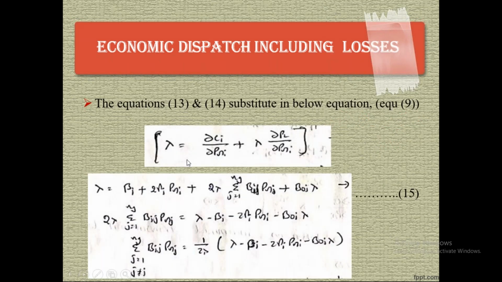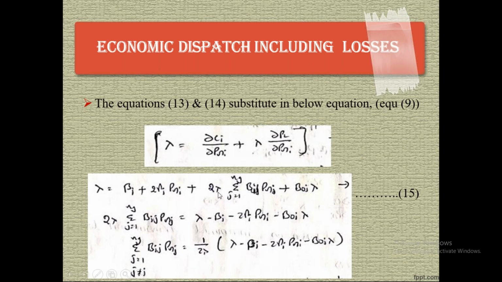Right, so this is the lambda we have. Now the 13th and 14th equations should be substituted in this equation, in the place of ∂C/∂PJ, which is the incremental fuel cost, and the incremental transmission loss. If you substitute these two terms in the lambda equation, you will get this. From this, we have to find PJ.